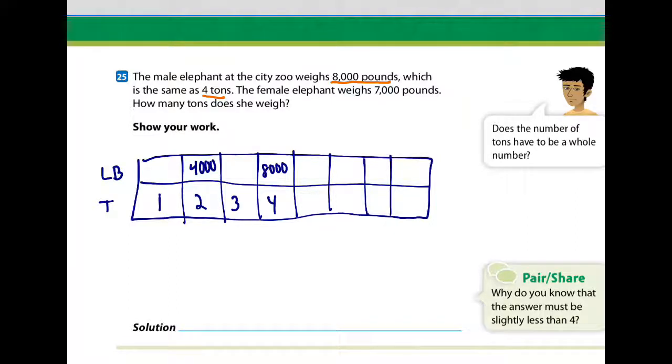To go from 2 to 1, I could just cut that in half. So we know, and by the way, this is our rate. There are 2,000 pounds in 1 ton. So you could just take that 2,000 and multiply it by whatever you need to do to get to 7,000. But I think I have another solution here.